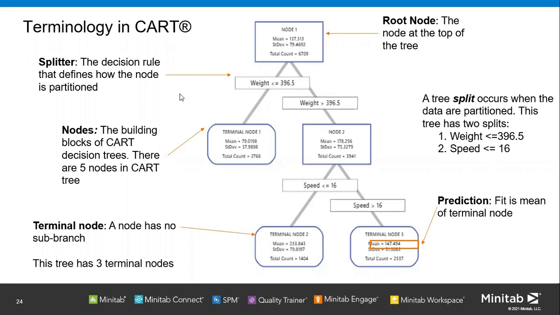So first you need to know the nodes, how many nodes you have, how many terminal nodes you have, because inside the terminal node you can get the combination. The first terminal node here comes from weight less than 396.5. The second terminal node here is the combination weight more than 396.5 and speed less than 16.